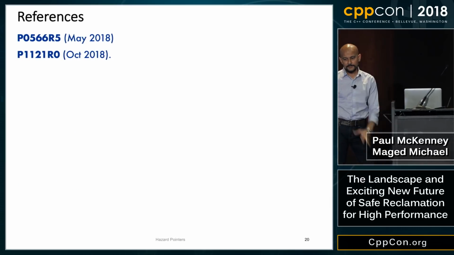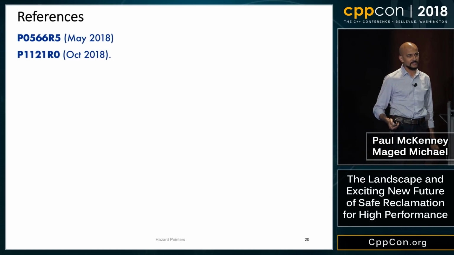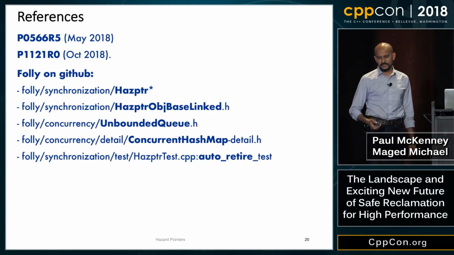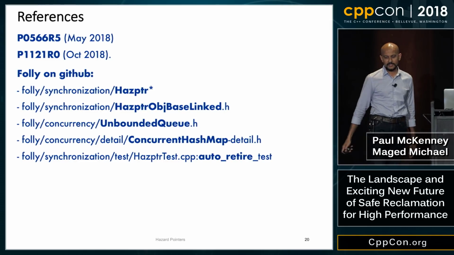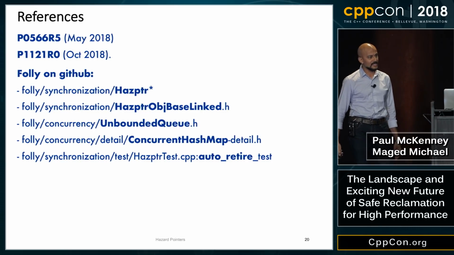Finally, these are references. The paper numbers are 566 and 1121. And the Folly library is on GitHub, and there's the general hazard pointer implementation, and also the one that supports link counting, and the examples of the unbounded queue and concurrent hash map.